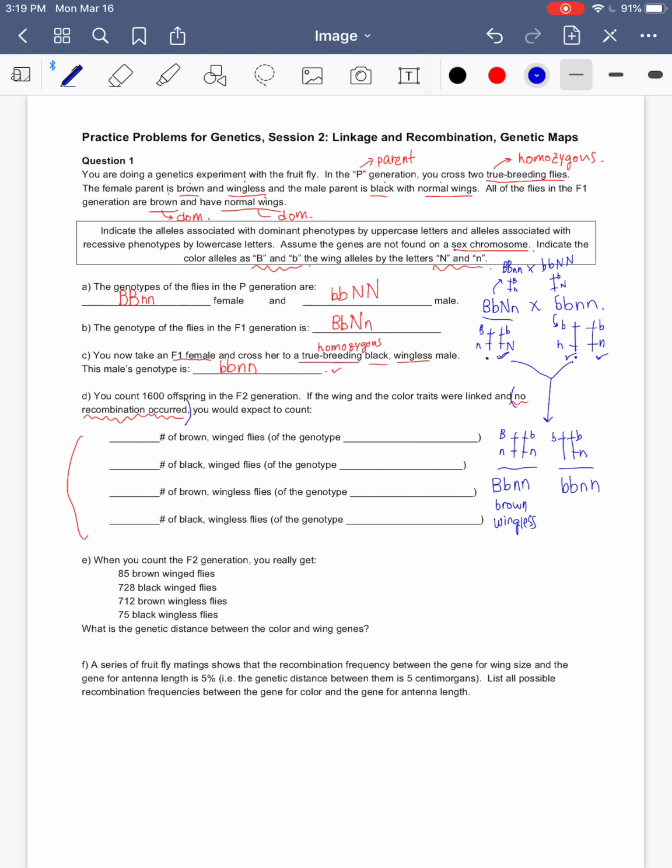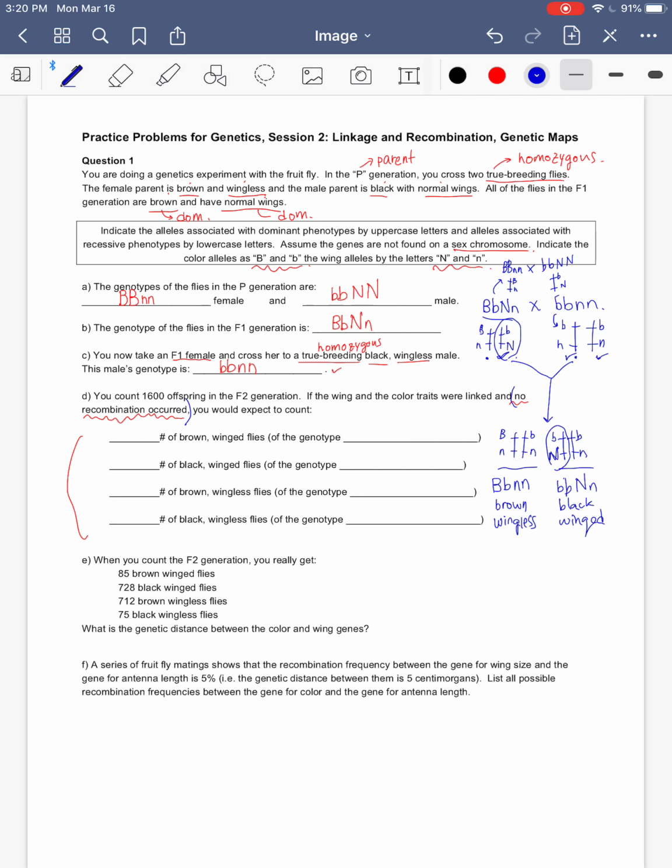It should be a capital N because of this one here. Okay, so it's going to be N, capital N, lowercase n. So this is going to be black winged.